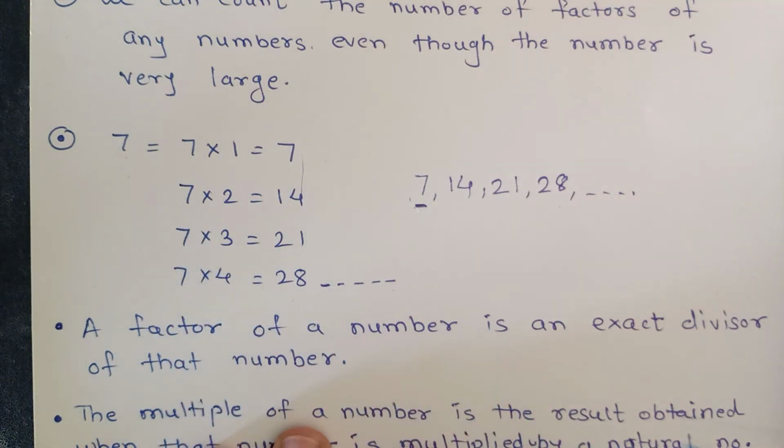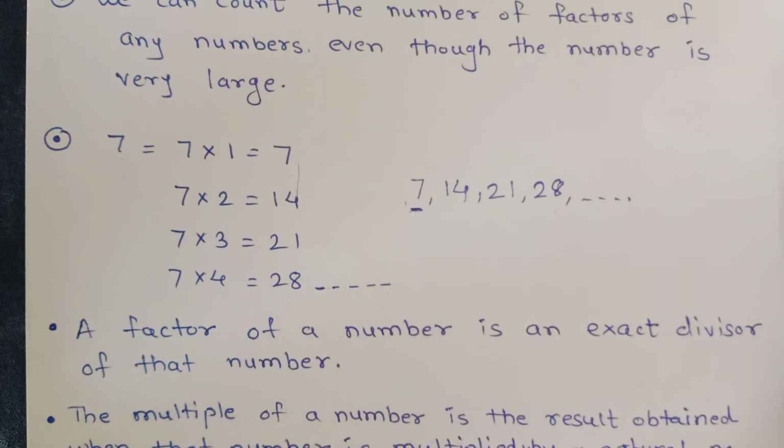That is the difference between factors and multiples. All the factors are less than or equal to the given number and all the multiples are equal to or greater than the given number.